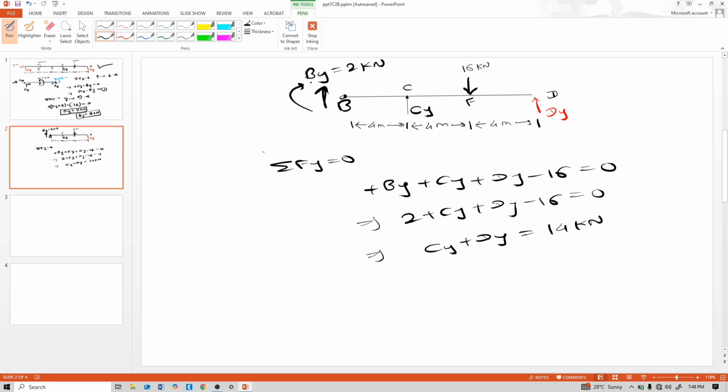And here at point B, the moment is 0. So moment at B equal to 0. Why 0? Because there is an internal hinge. So again calculate summation of moment at B equal to 0.